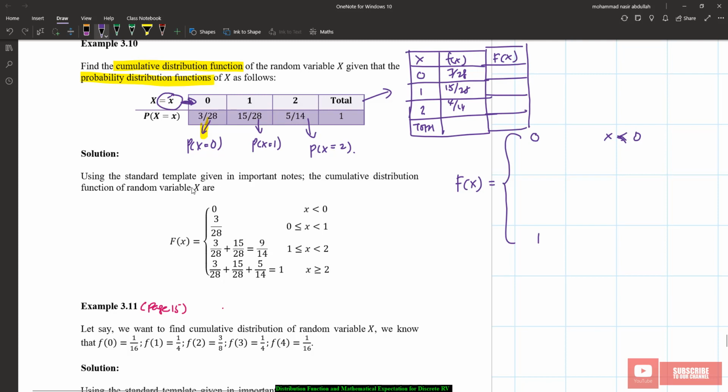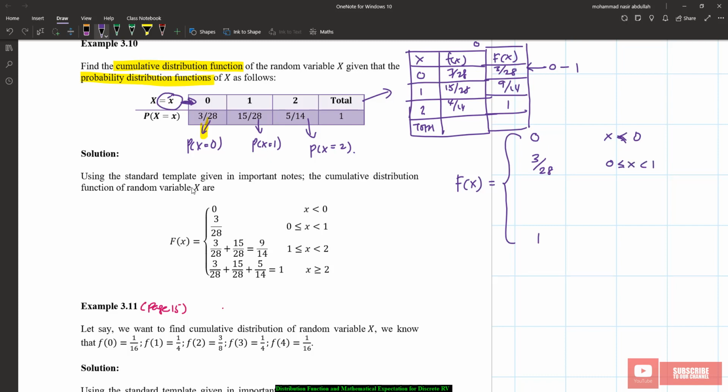Okay, this one starting from 0. This is 3 over 28, and then 3 over 28 plus 15 over 28 should be equal to 9 over 14, and this one should be equal to 1. Alright. So next kita tulis 3 per 28. So this one should range between 0 to 1, because the next row is 1. So of course 0 is inclusive and less than 1.